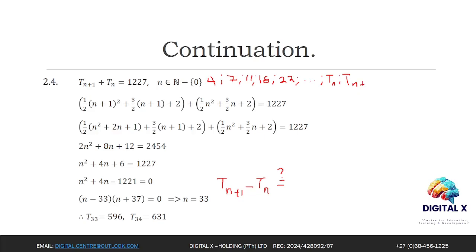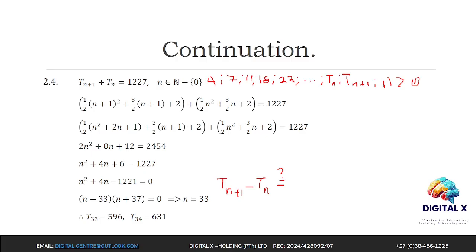For the purpose of this, I've gone with Tn and Tn plus 1 because these are the only two terms which, when added together, n becomes a natural number and it is greater than 0, as indicated with this particular notation here. So we are going to consider this and that.